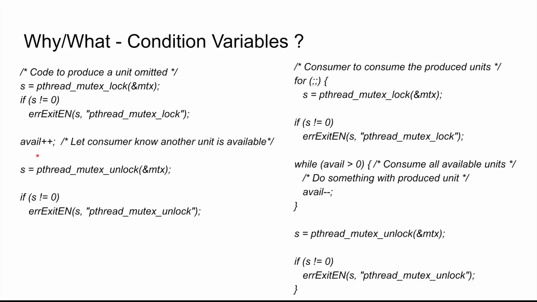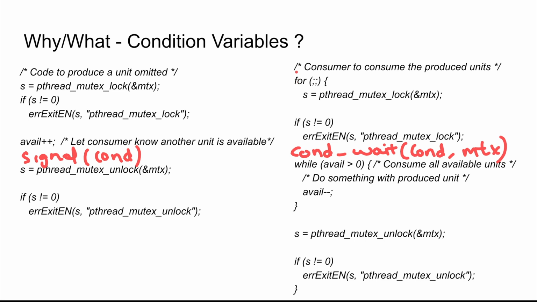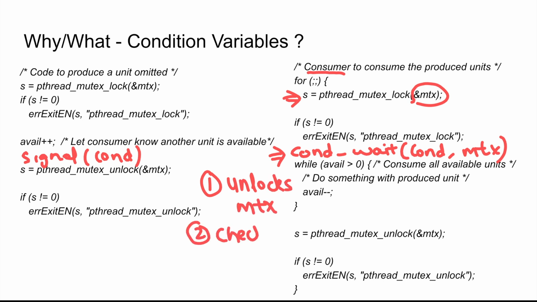Let's look at this example again to understand why we need the mutex in the wait call. Let's look at the flow of this program from the consumer's perspective. Consumer would kick in, take the mutex lock and reach this condition wait call. Condition wait call does three things atomically. It unlocks the mutex first, checks for the condition variable in the next step.